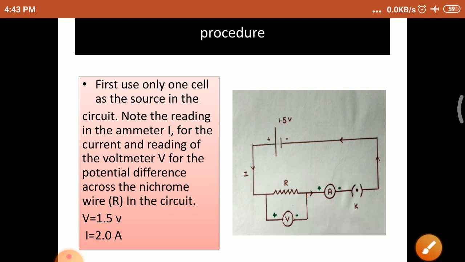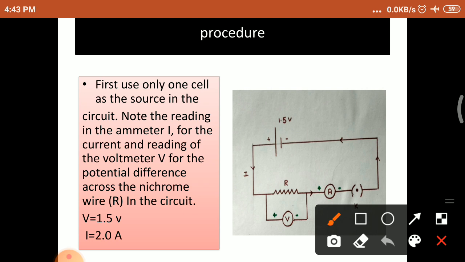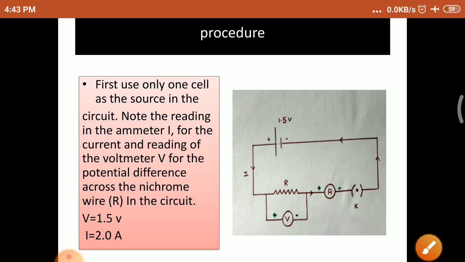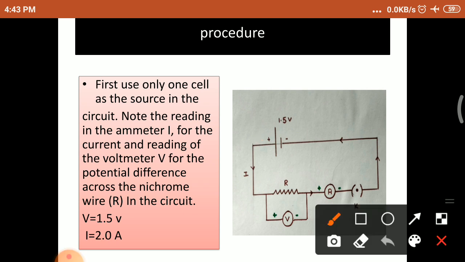See here, the positive terminal of the battery is connected to the positive terminal of the ammeter and the positive terminal of the voltmeter. The negative terminal of the ammeter is connected to the negative terminal of the battery.